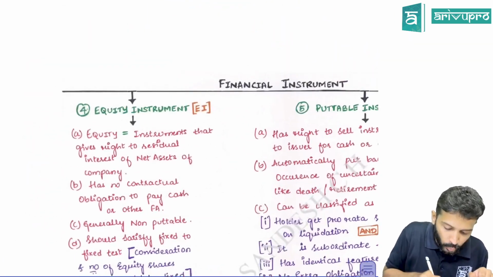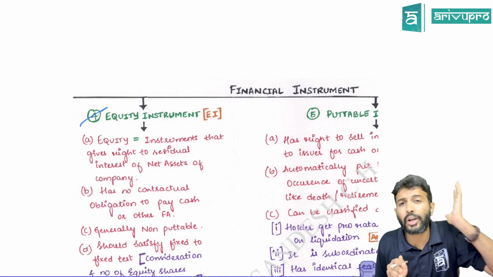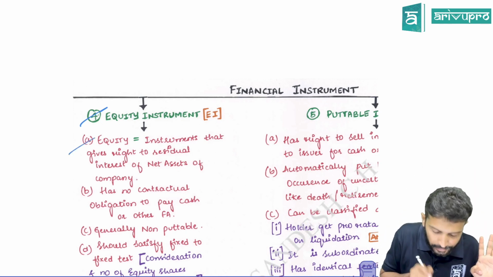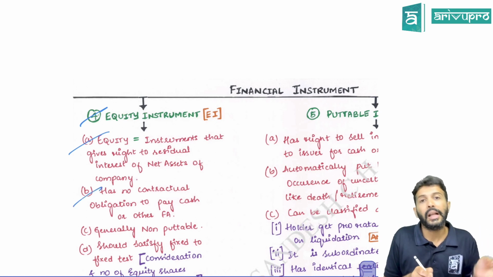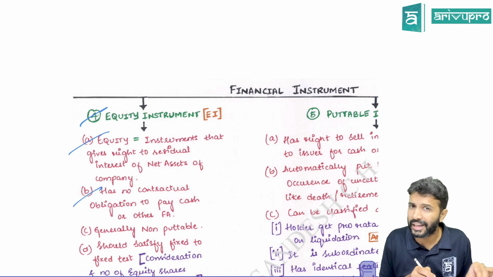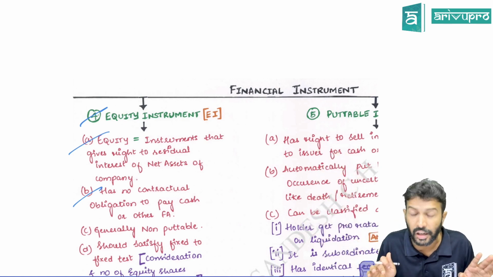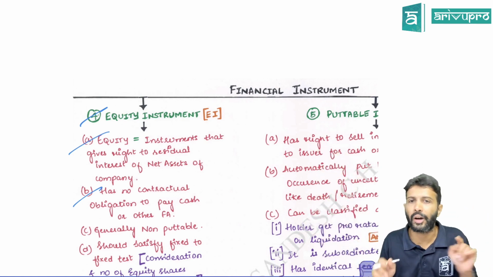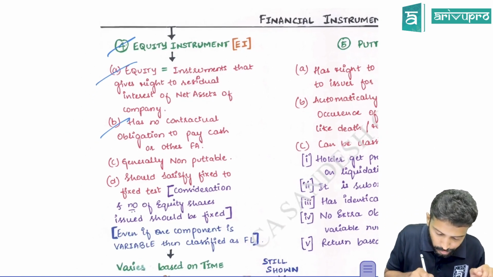Now next is equity. Equity means what, sir? It's an instrument which gives the holder the right over the net assets of the company. Equity instruments generally are non-puttable, and on equity shares we don't have any obligation to pay cash or financial assets or anything else. If you want to classify an instrument as equity, the fixed to fixed test has to be satisfied.